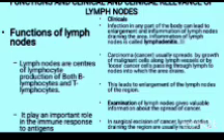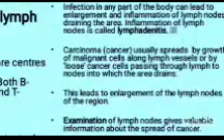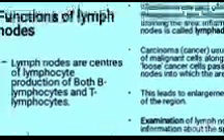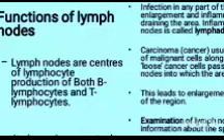This is because when they drain that particular infected area, what happens? They drain along the bacteria, the antigen, or maybe the fungi, along with whatever lymph they are draining. And when they do so, because the lymph node is highly concentrated with lymphocytes, and I told you that lymphocytes can be B lymphocytes, they produce antibodies.